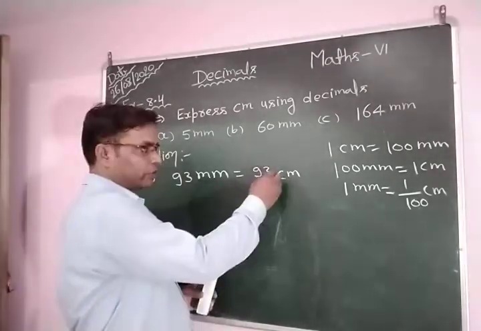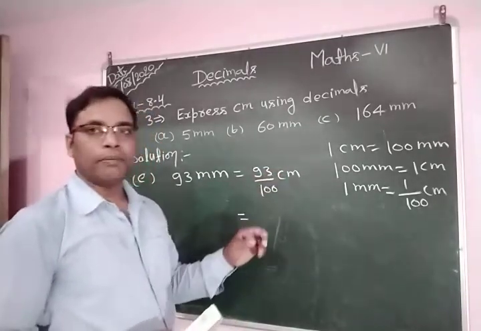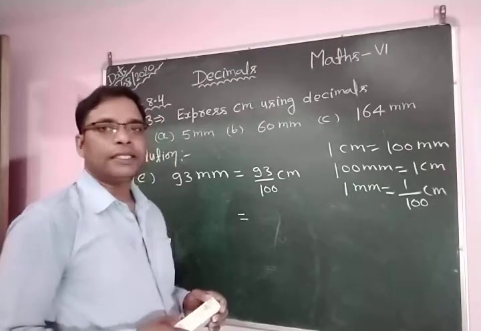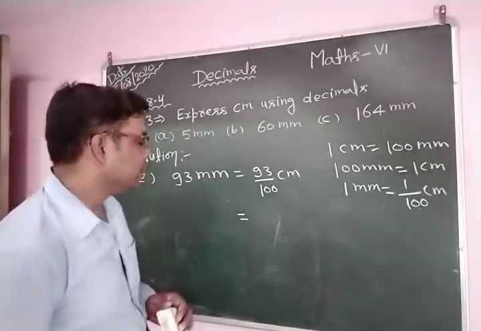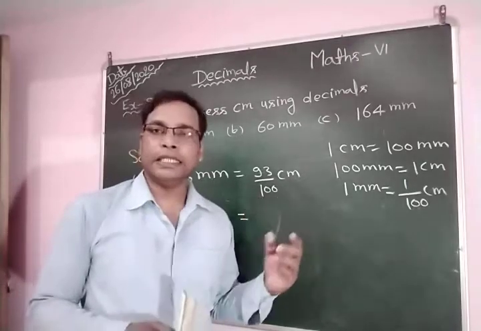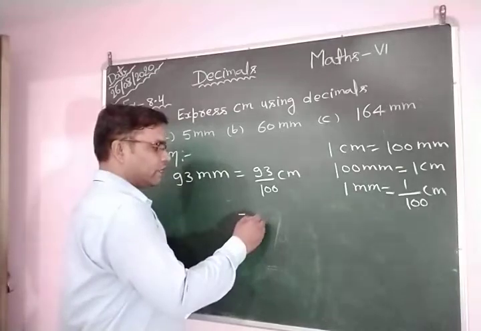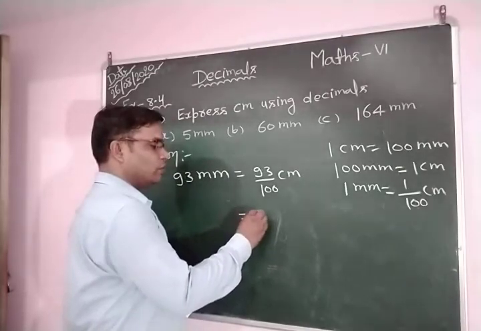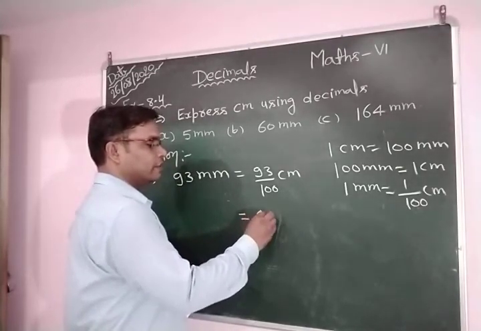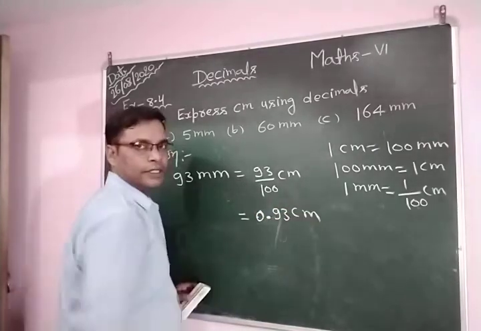In this situation, the decimal is after 3. But when we divide by 100, the decimal moves 2 digits from right to left, because you can see here in the denominator we have 2 zeros. So in this way you can write 0.93 centimeters.